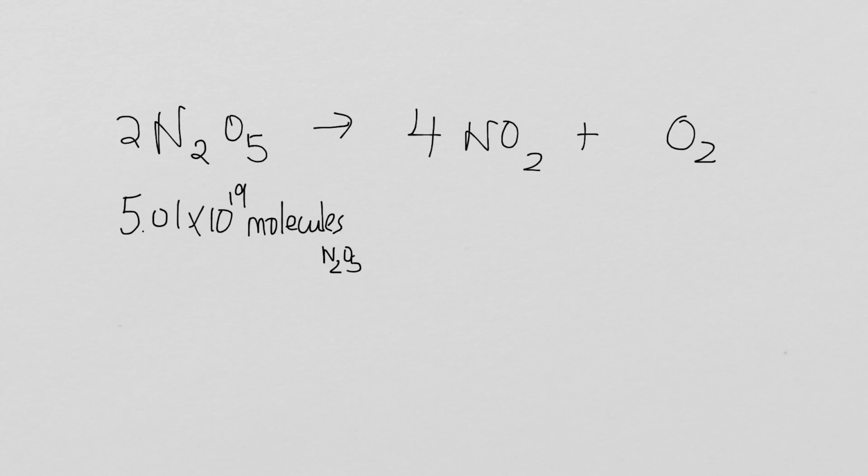And we want to know how many molecules of NO2 will be produced and how many molecules of O2 will be produced. Well, we know that if 2 molecules react, we can make 4. So the relationship there is times 2, twice as much.